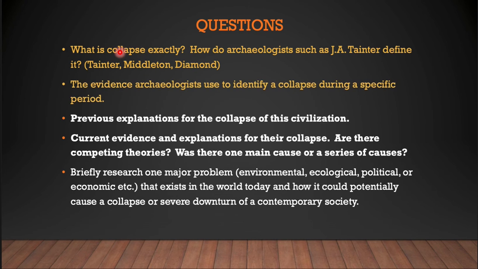Joseph Tainter and Middleton also provide evidence that archaeologists use to identify that a collapse has taken place. This is different from the evidence used to explain why a collapse occurred, right? So again, to give you a medical analogy, the evidence that a collapse occurred is like the symptoms that a patient has.